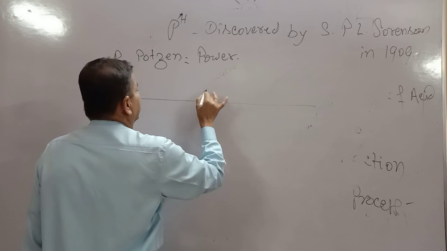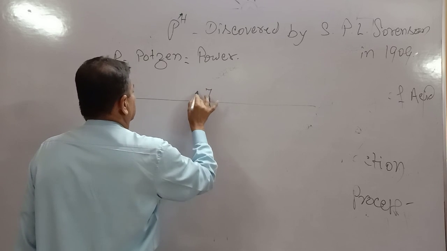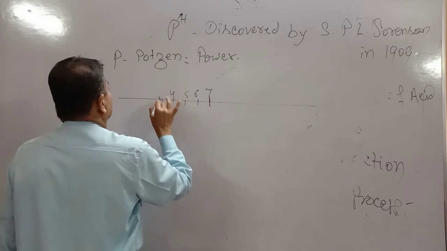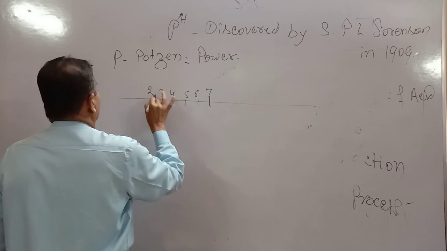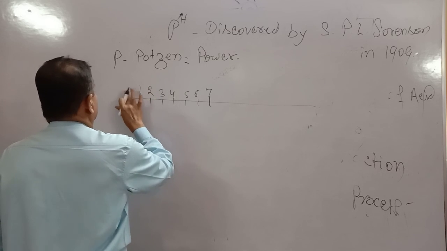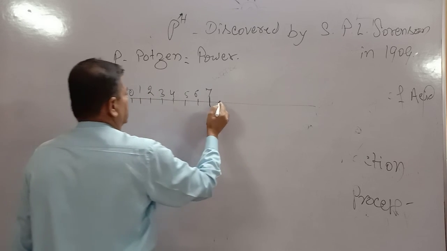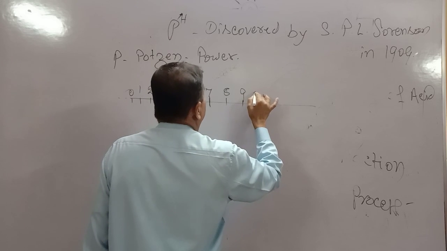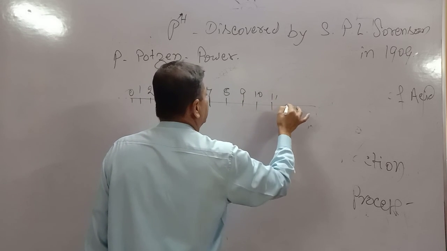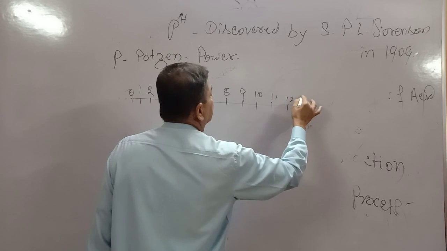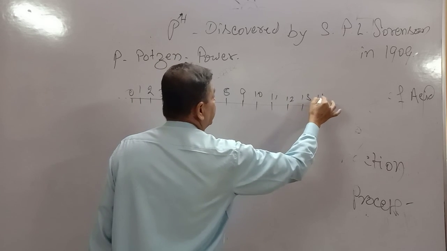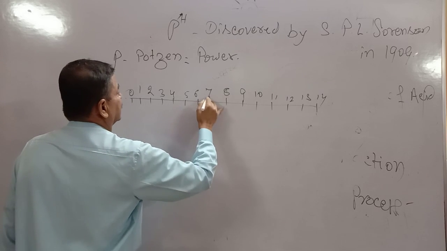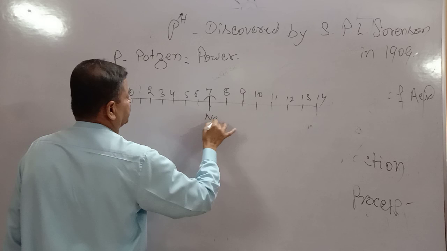This is the neutral point, then 6, 5, 4, 3, 2, 1, 0. Similarly, 8, 9, 10, 11, 12, 13 and 14. This is the neutral condition.